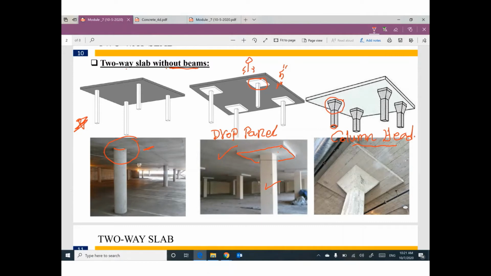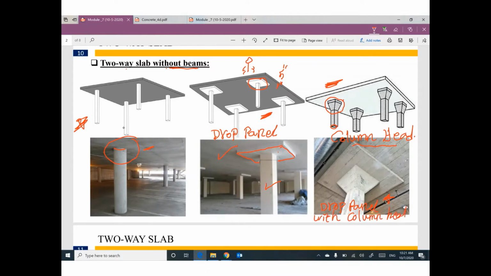So we did something called column head. Sometimes we can combine this solution and this solution into one, like this. Can you watch this photo? It's a drop panel with column head.